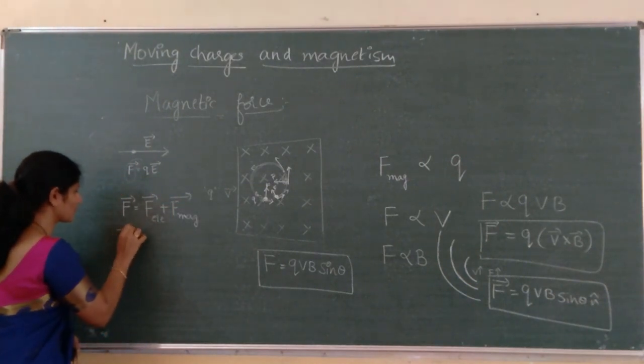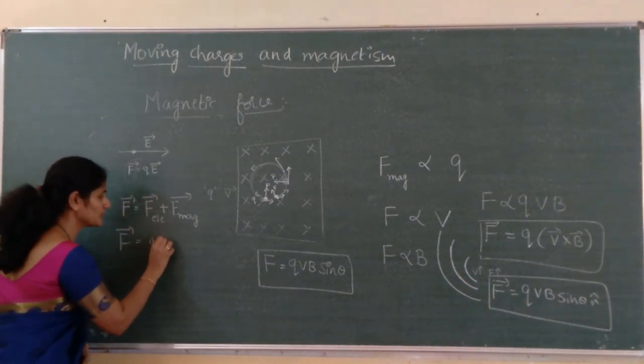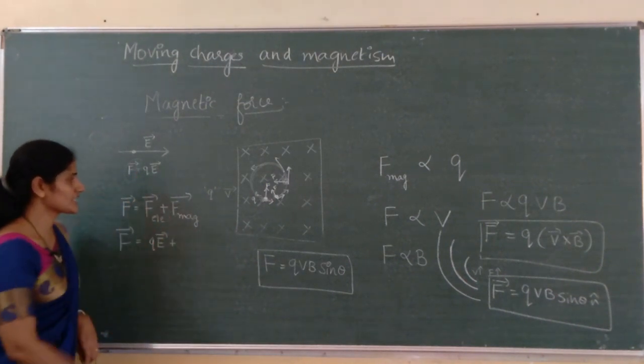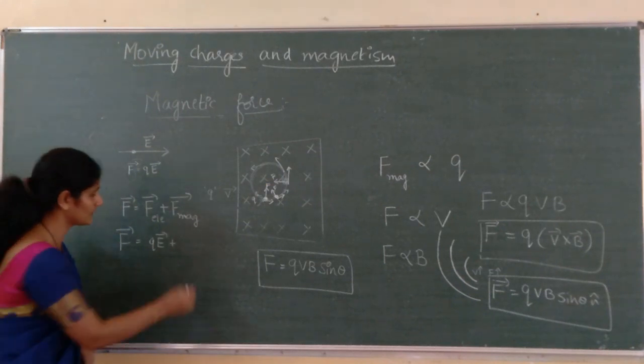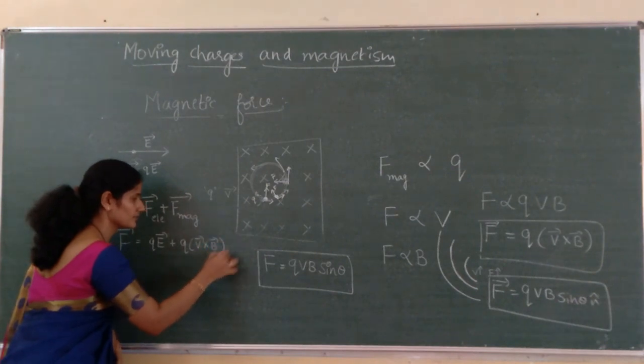The force due to the electric field is Q into E, plus the force due to the magnetic field, Q into V cross B.